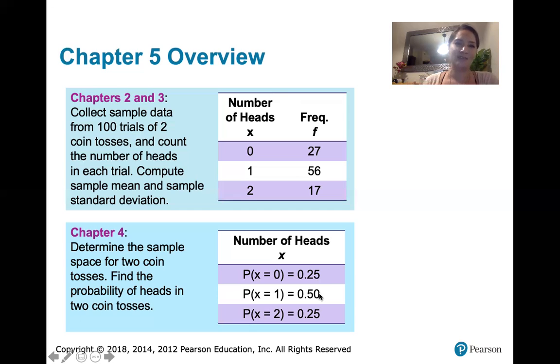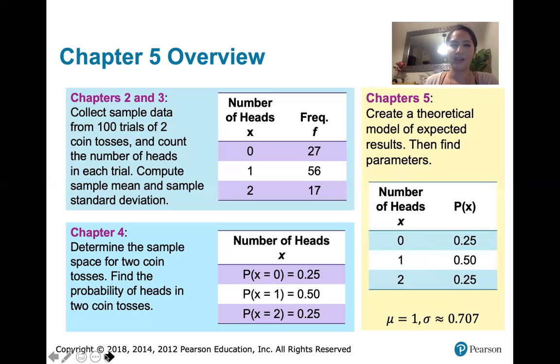So chapter 5 said, okay, let's put what we did in chapters 2 and 3 together and create a theoretical model of expected results. Here, we'll list the number of heads as 0, 1, and 2, and we'll associate those with probabilities. That's 0.25, 0.50, and 0.25.